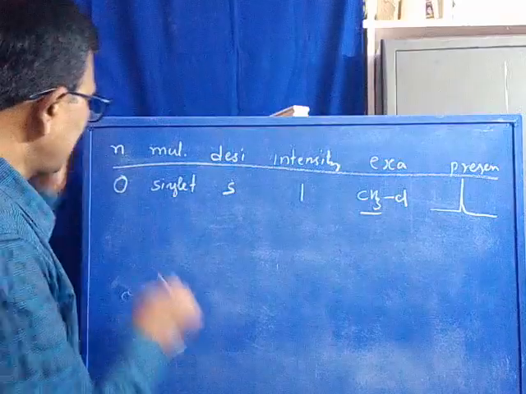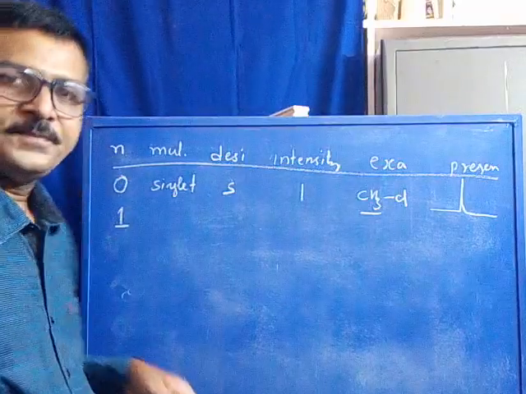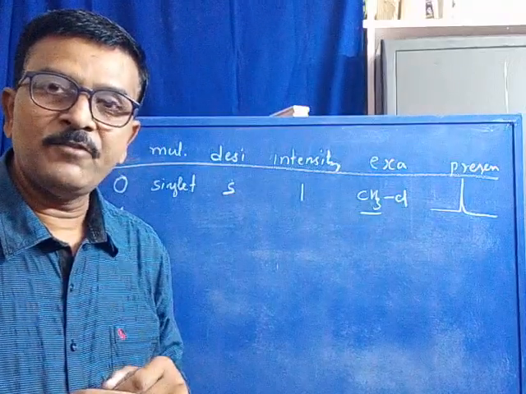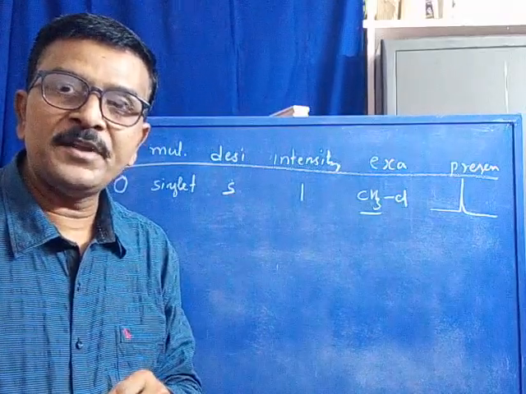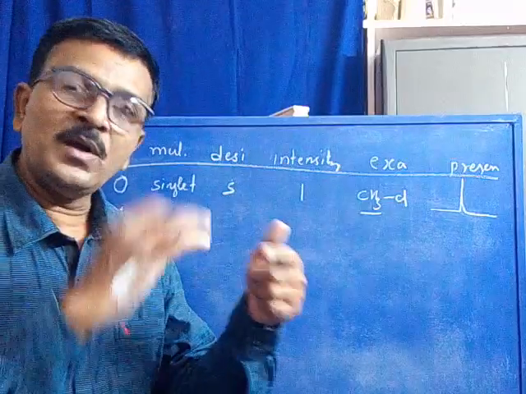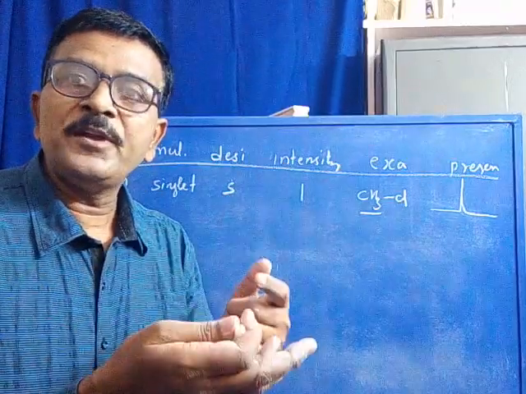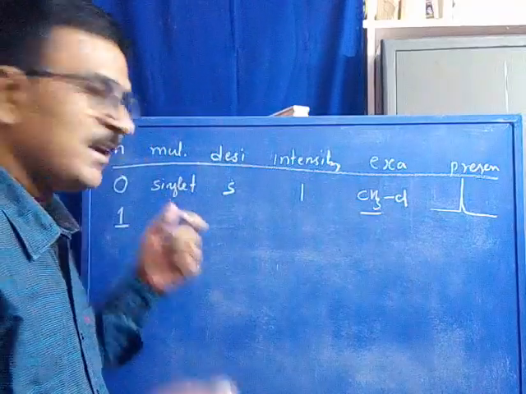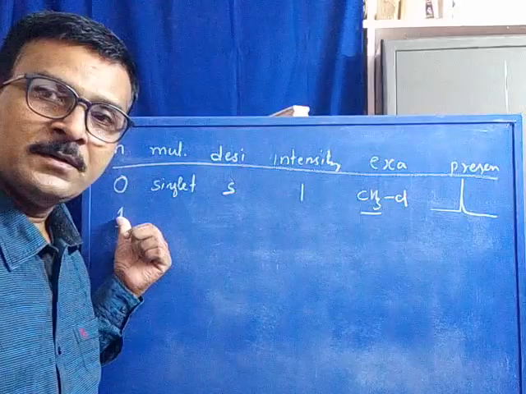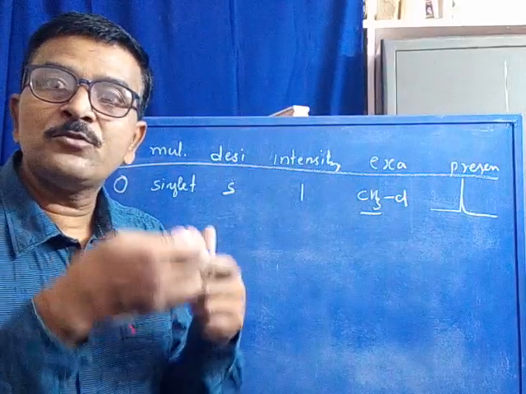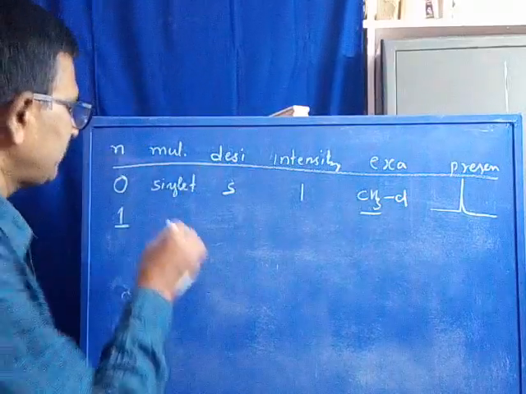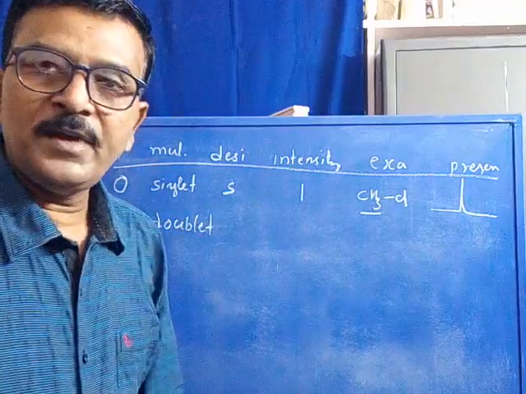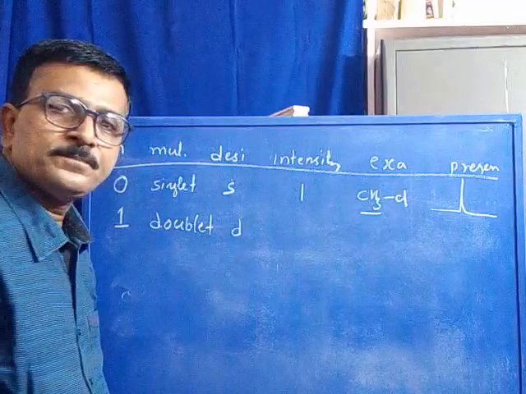Is it clear? Now, if there is one adjacent, if a set of protons is coupled with one adjacent, where n is equal to 1, what happens? According to the n plus 1 rule, 1 plus 1, it becomes 2, so the signal is split into two lines called a doublet, designated with a small d.